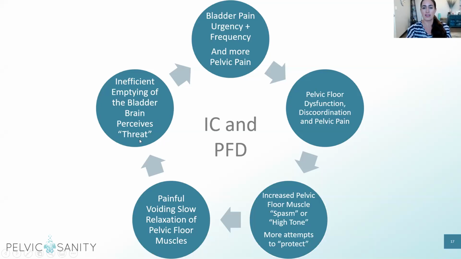If there's a threat in this area, all your body knows how to do is protect. Boom, we have a tight pelvic floor, you get pelvic pain, and then you can start into that from that area. So this threat can be here, or this threat can be here. And so really there are a lot of ways to enter into this intricate web of interstitial cystitis-like symptoms and pelvic floor dysfunction.